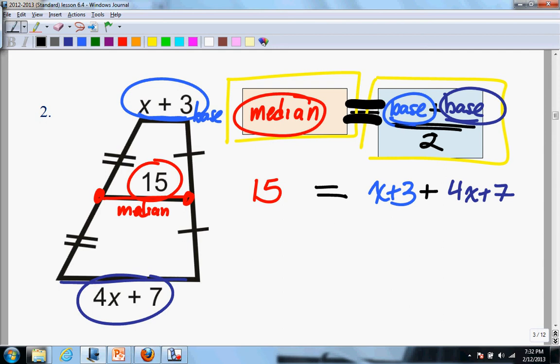Don't forget the over 2 part, so we even circle that. Whenever you have a fraction and a non-fraction, you just make the non-fraction a fraction over 1. I'd like you to solve for the variable and show some sort of a check. You have a minute.